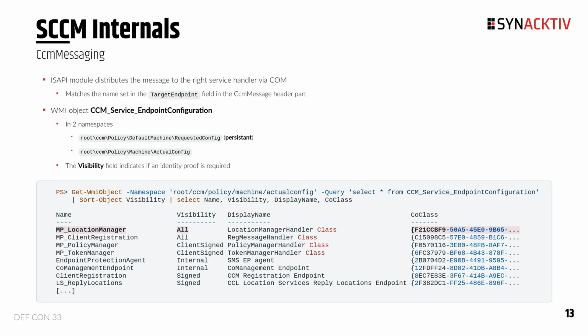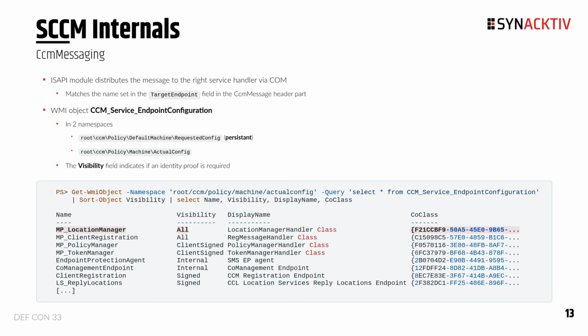These objects can be found in 2 distinct namespaces. The first one is where the configuration is persisted between reboots. On this class, you have 2 interesting fields: the CoClass one, which is the CLSID of the COM service handler to call, and also the visibility field, which is super important as it indicates if a device identity is needed to interact with this service.